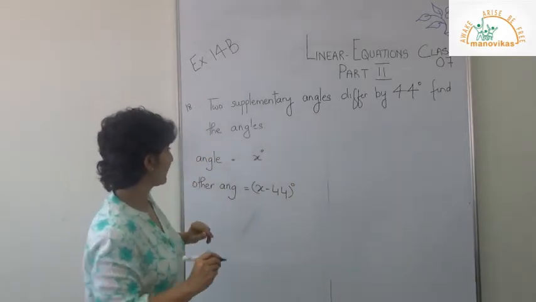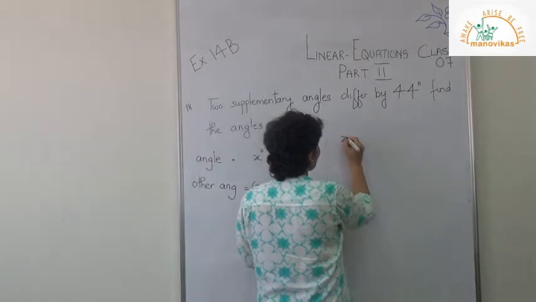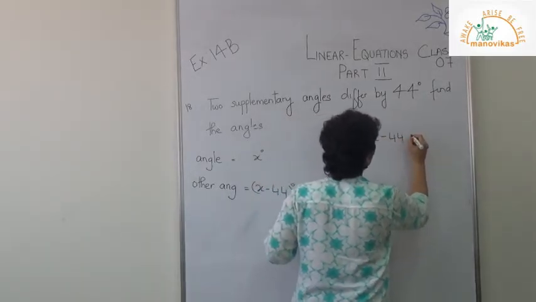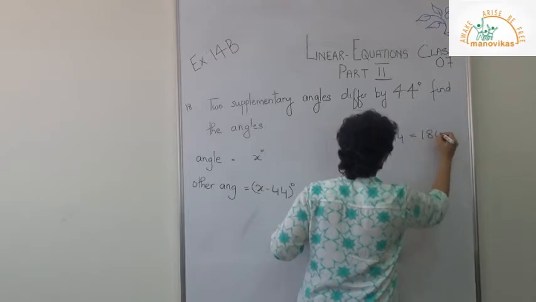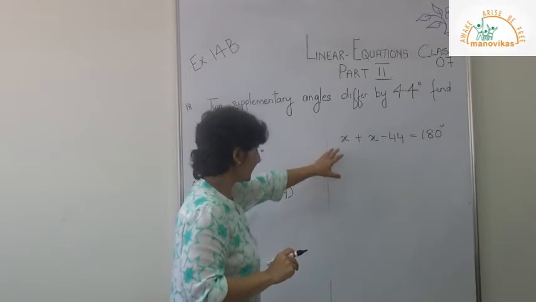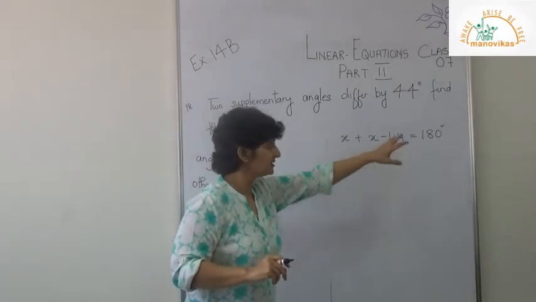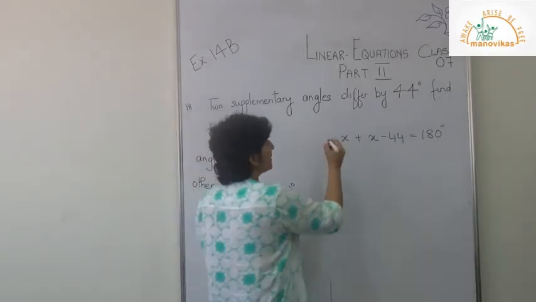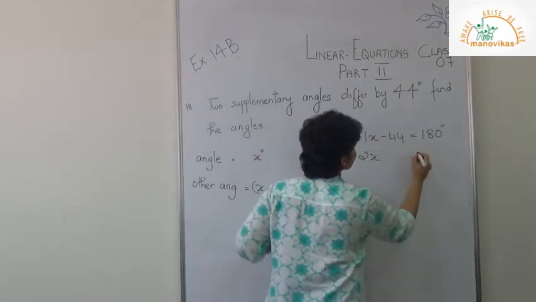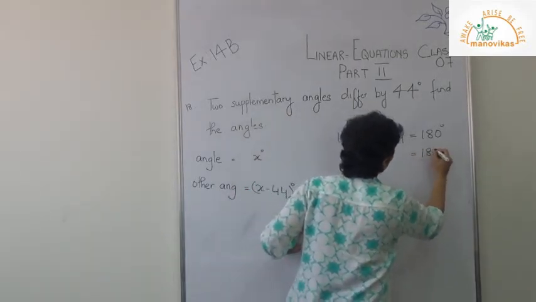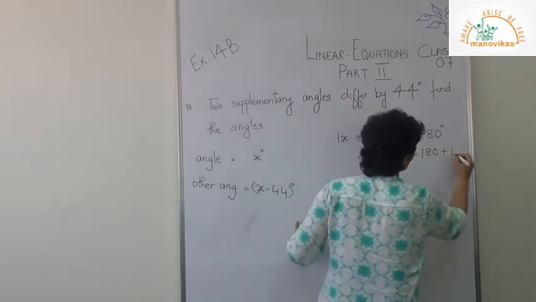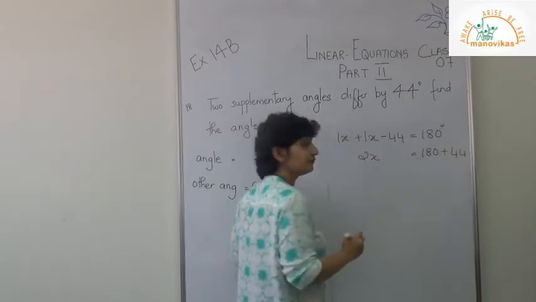Correct? Alright. So what do I do? I know x plus x minus 44 is equal to 180 degrees. Correct? This angle plus this angle is equal to 180. Now 1x plus 1x gives me 2x, which is equal to 180 minus 44. When I take it across, it will become plus 44.